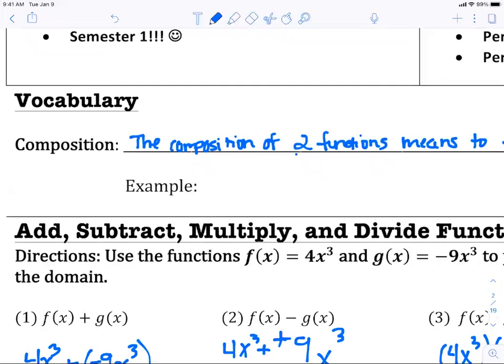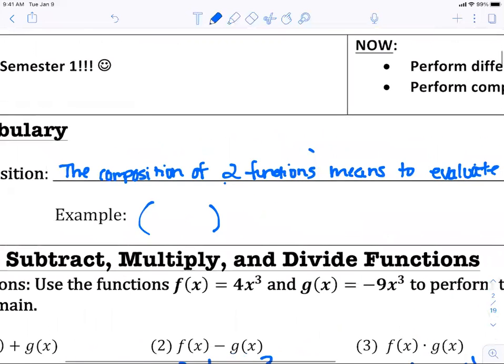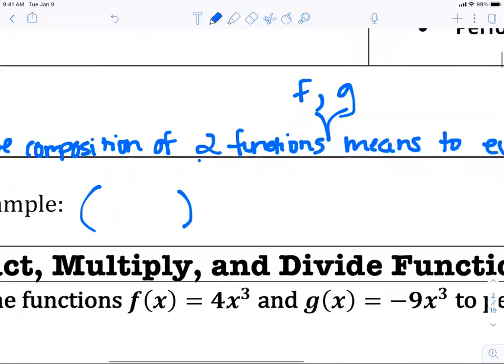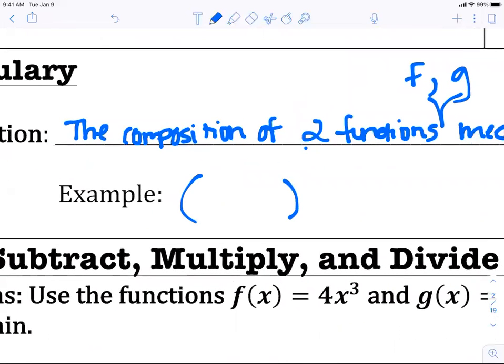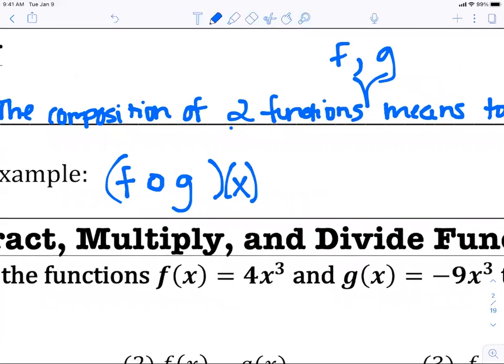Usually a composition of functions can be written one of two ways. The first one has a set of parentheses. Whatever two functions you're involving, let's say those two functions in this case are f and g. So how you'll know that I'm asking you for a composition is it'll say, for example, f, then we have this little open circle in between, and g is written after it. And then in another set of parentheses right after all that, you'll see an x.